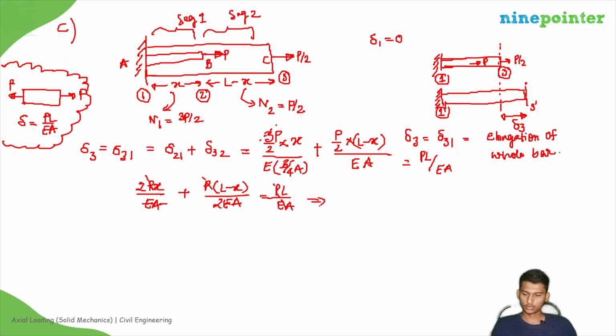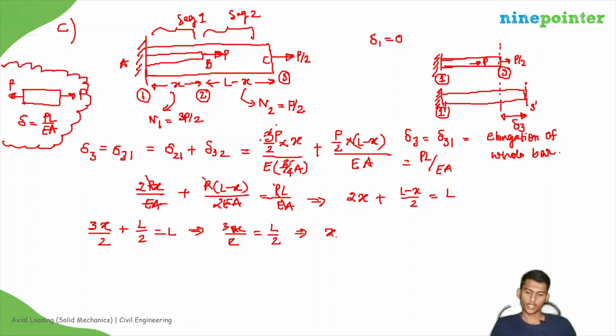So it will give 2x plus (L minus x) by 2 is equal to L, right? So it will give 2x minus x by 2, 3x by 2, plus L by 2 is equal to L. So 3x by 2 is equal to L minus L by 2, that is L by 2. So x is equal to L by 3.